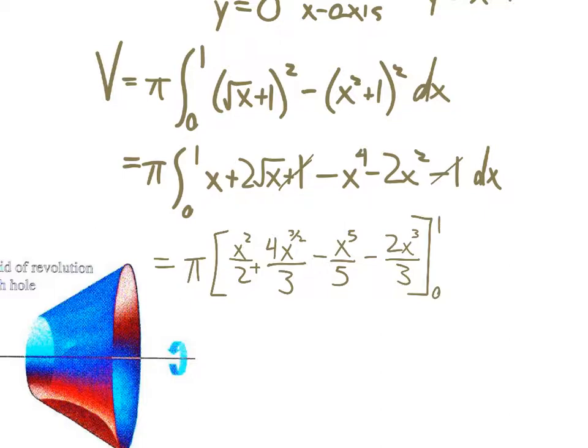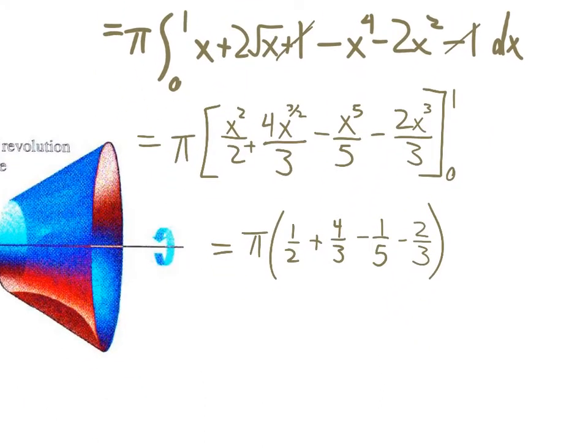Thankfully we have nice easy numbers to work with, okay? The 0 just comes out to 0, so that's nice. This whole thing is going to be pi times a half plus 4/3 minus 1/5 minus 2/3. Okay?